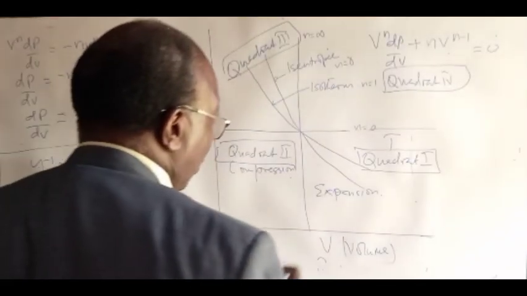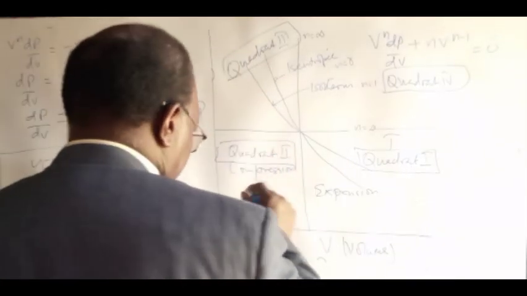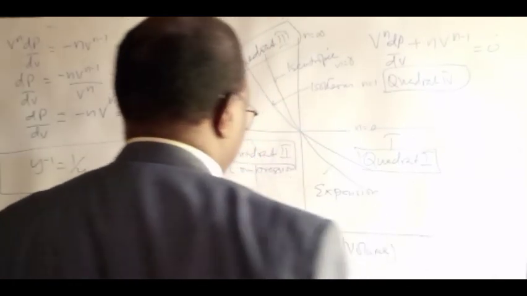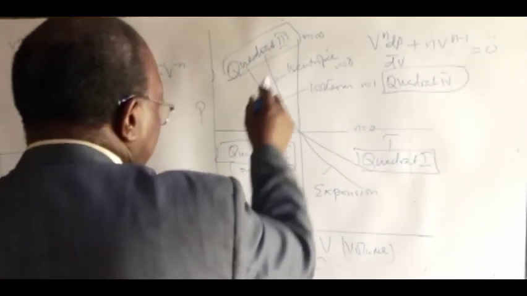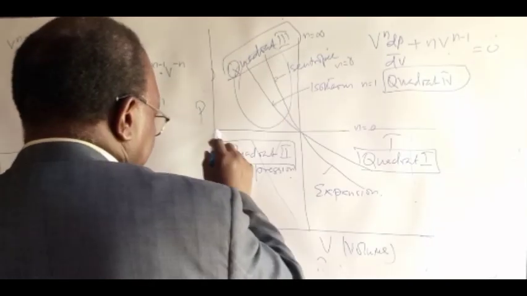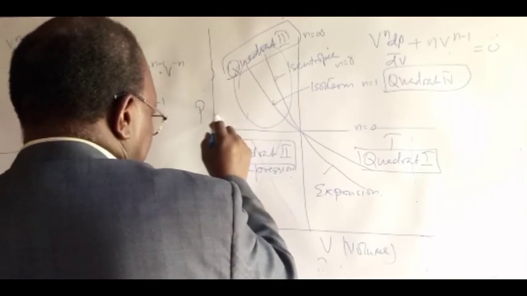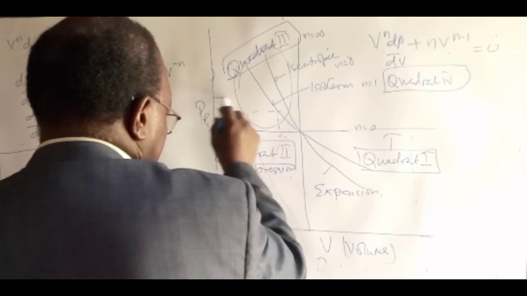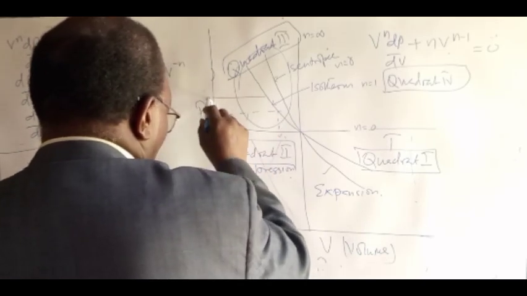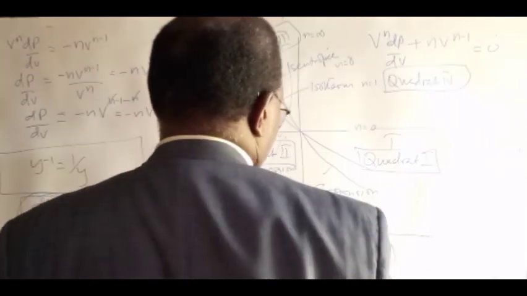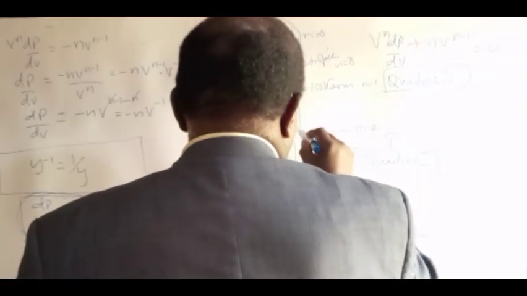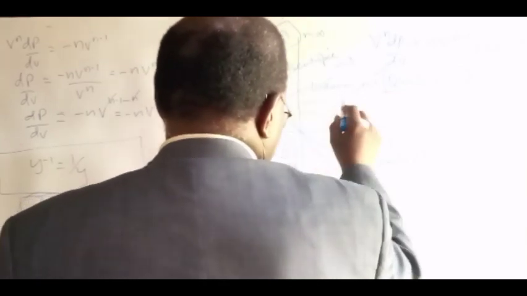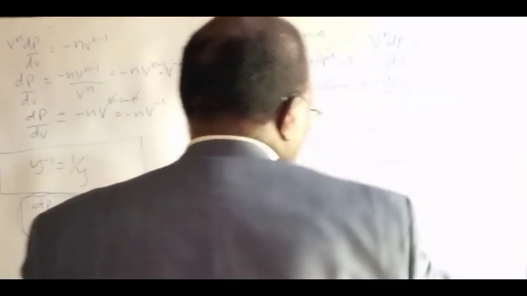So we cannot use this quadrant, for example. We can use that one because it's reasonable, but we cannot use this quadrant here, where as you increase pressure, P1, volume is V1, P2, volume V2. But in this portion here, if you increase pressure, volume increases. So we can't use quadrant 4 there.